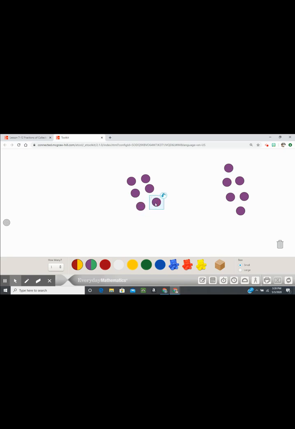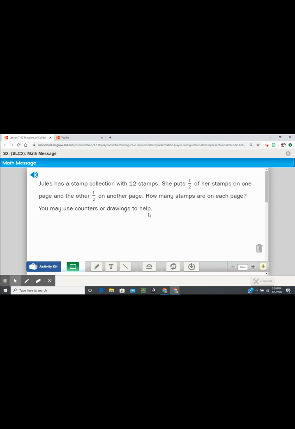And there we go. We could see that each group or each page gets 6 counters. So half of 12 would be 6.